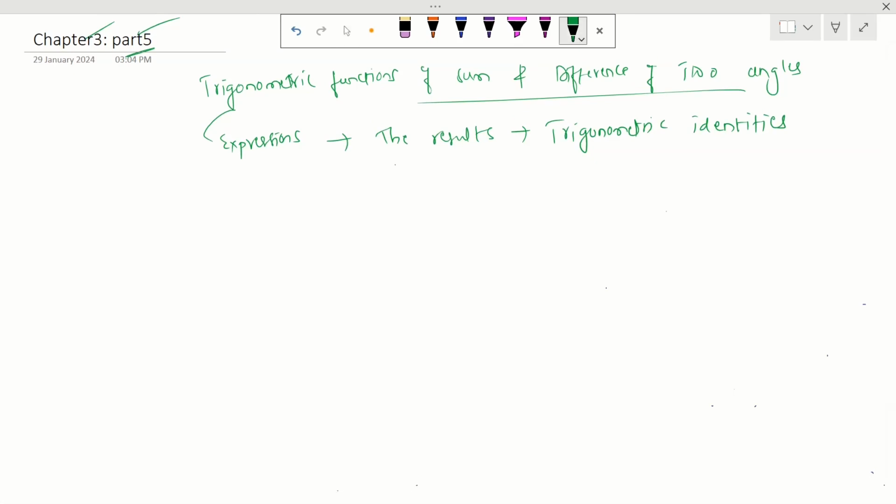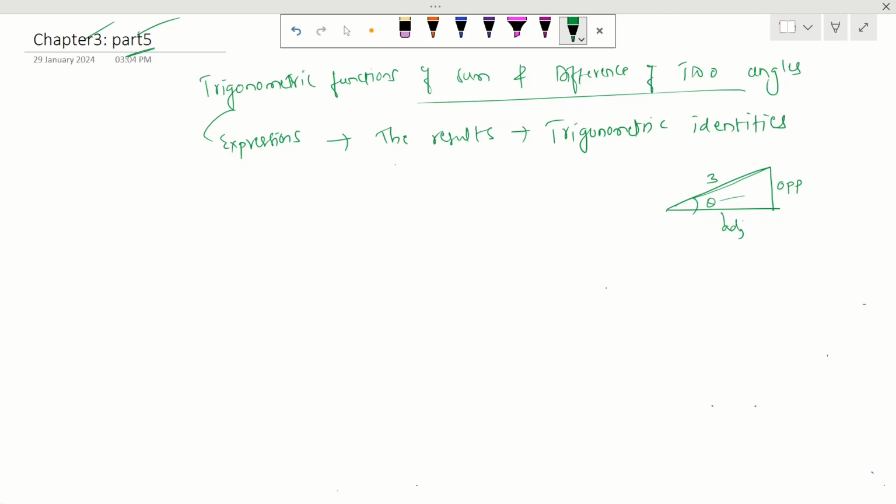Before that, I want to discuss this. Suppose this is theta, and this side is 3 meters. This is the hypotenuse. Opposite to this angle is the opposite side, and this is the adjacent side.